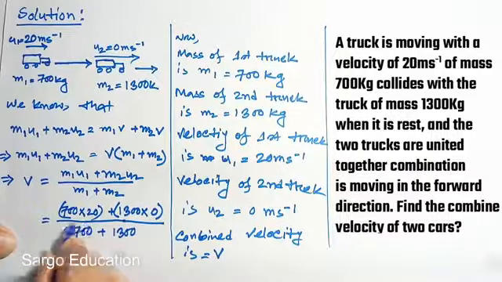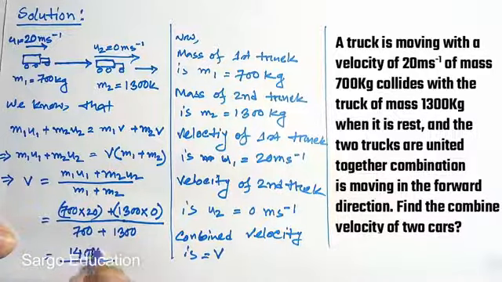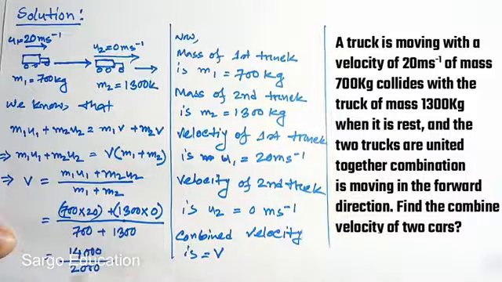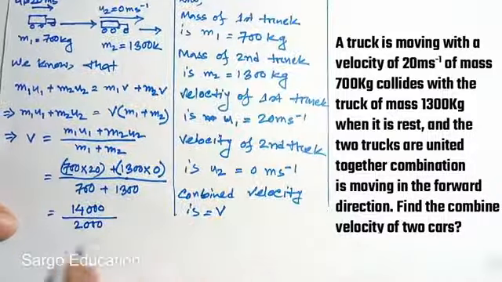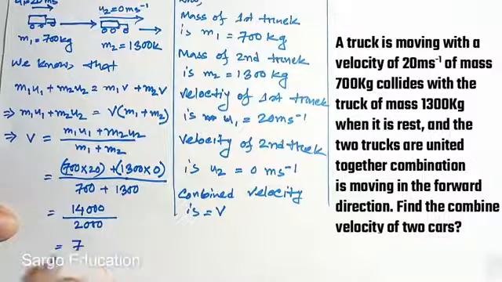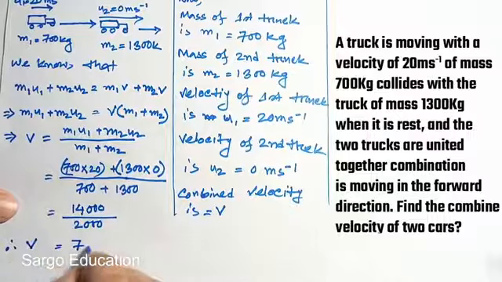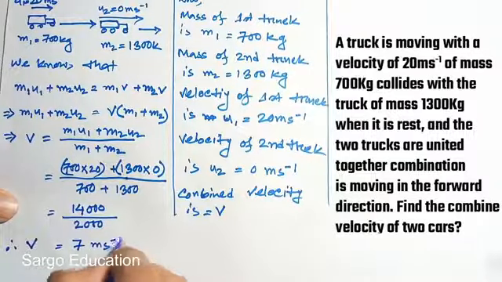Now multiplying this we get 14,000, and the summation of the denominator is 2000. After dividing this we get 7. So the combined velocity is 7 meters per second.